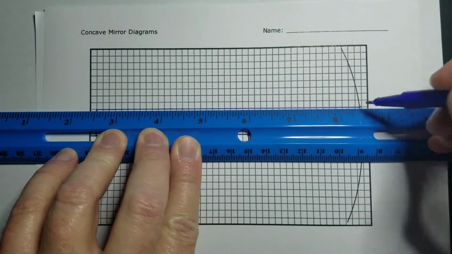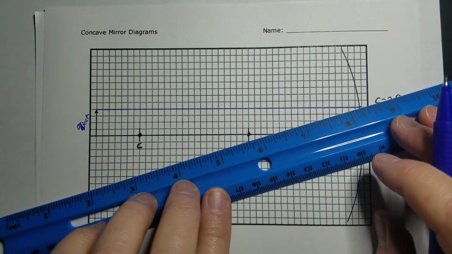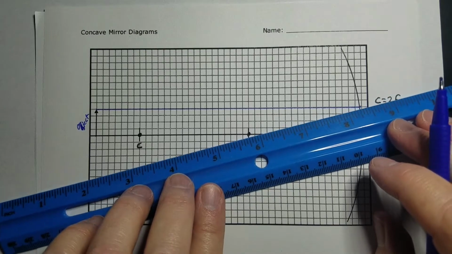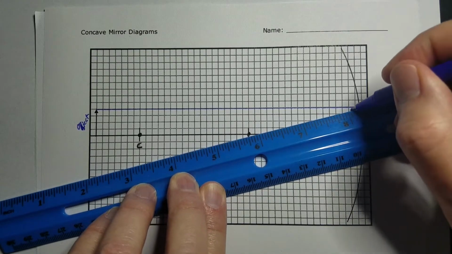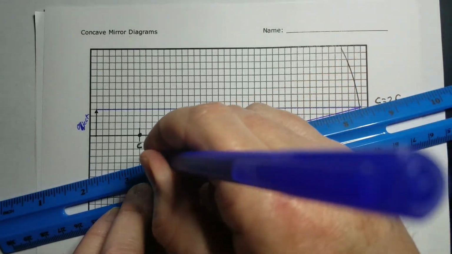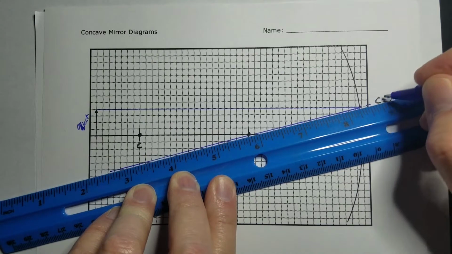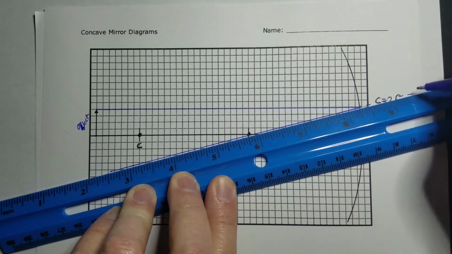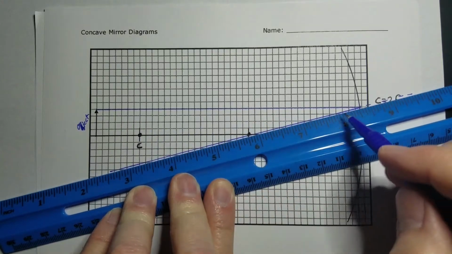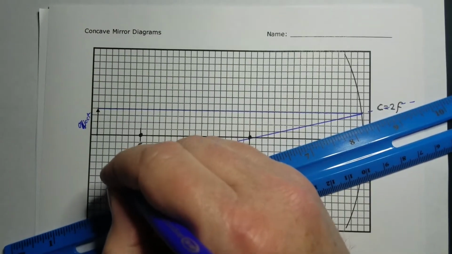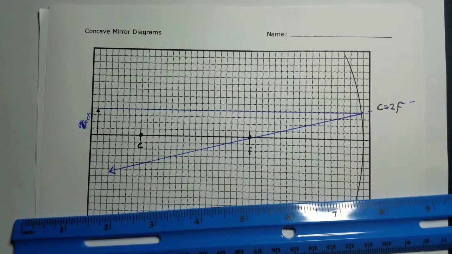It hits the mirror right there, and where it hits, you stop, and it's going to reflect through the focal point. So it should reflect down this way. I'm using solid lines because this is where the light would really go. The light could project back; those would be virtual rays, but we don't need them for this picture. So that's parallel, then through the focal point.